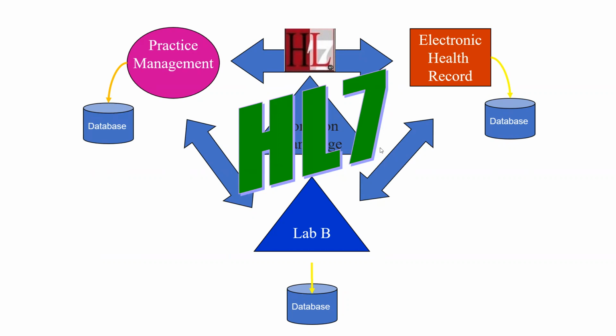All they need to know is how data is structured in terms of HL7. Once they receive the data in HL7 format, they will be able to understand it, interpret it, and save the data to the database. That way, HL7 has greatly solved the problem of interoperability, or exchange of data.